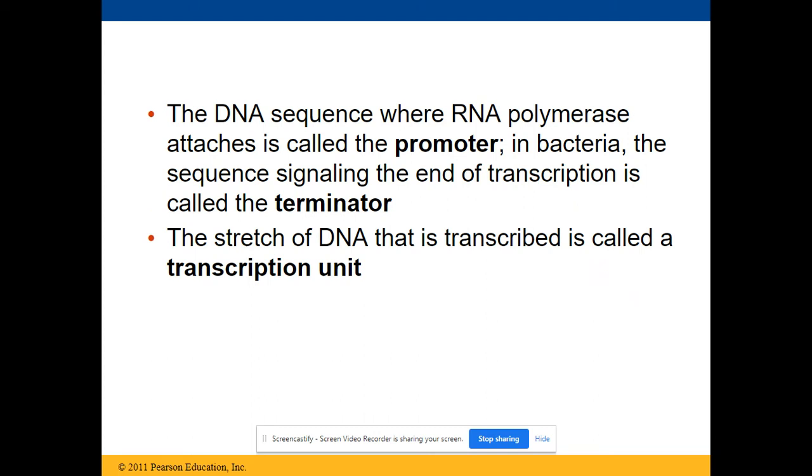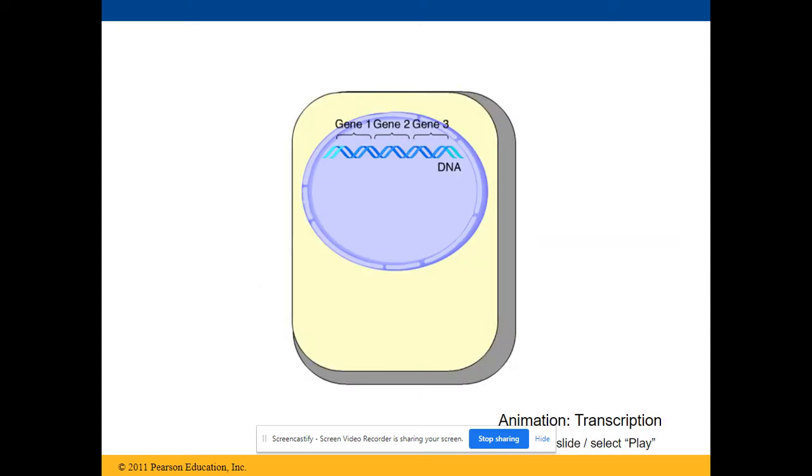The DNA sequence where the RNA polymerase attaches is called the promoter. In bacteria, the sequence that signals the end of transcription is called the terminator. The stretch of DNA that is transcribed is called the transcription unit. So in bacteria, we have our promoter and our terminator all together.